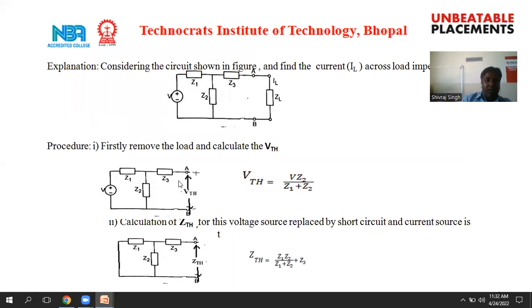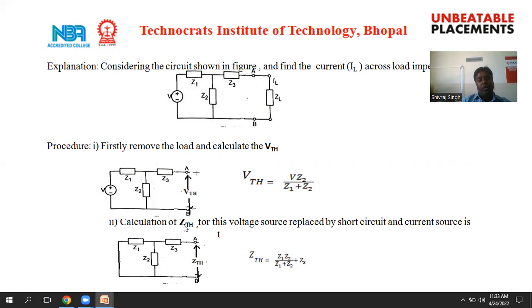In this circuit, the voltage drop across Z3 will be 0 because this circuit is open. So according to the voltage division rule, the voltage across Z2 must be equal to VTH, and VTH equals the source voltage into Z2 upon Z1 plus Z2.